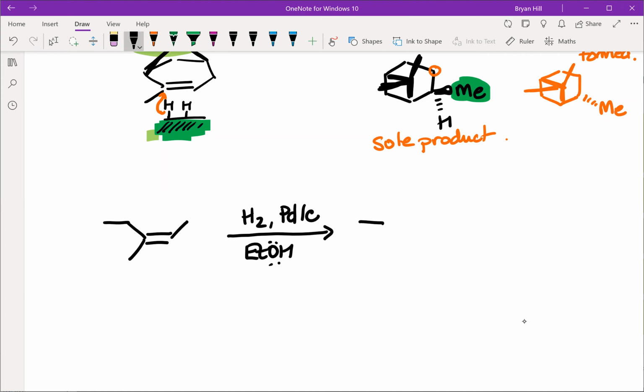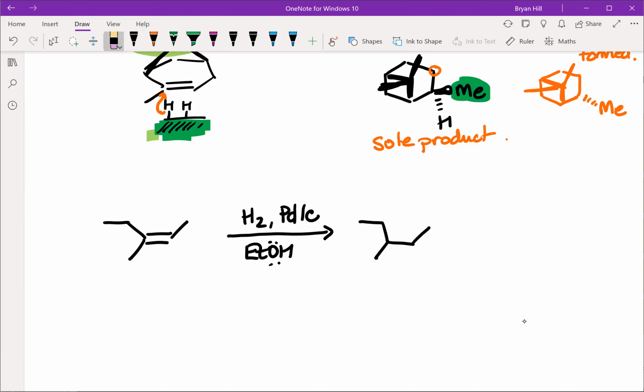The product is this, right? I could draw this H down, but there's no point in drawing that H down, particularly on this carbon right here, because this carbon has got 2 protons on it. So it makes that kind of question kind of useless to ask on a test.